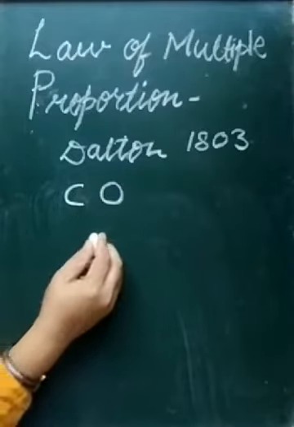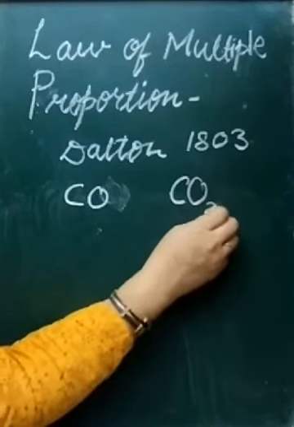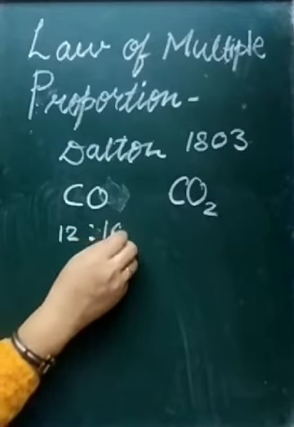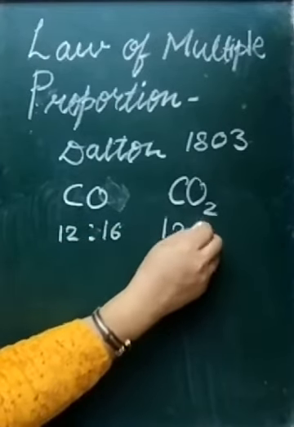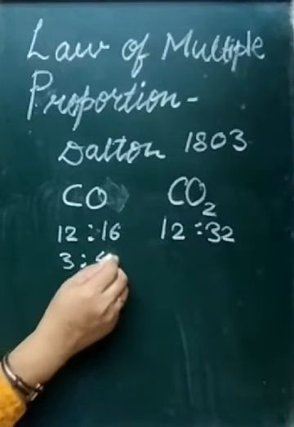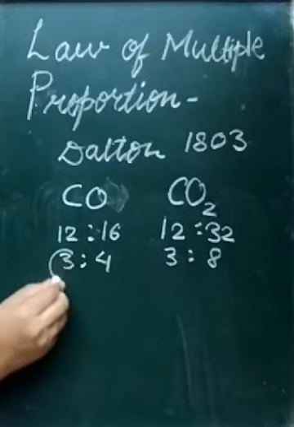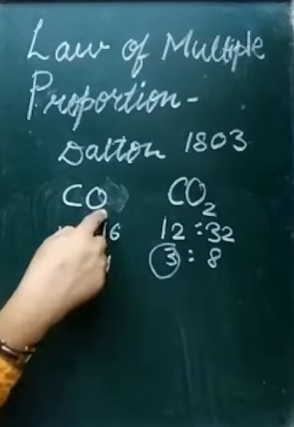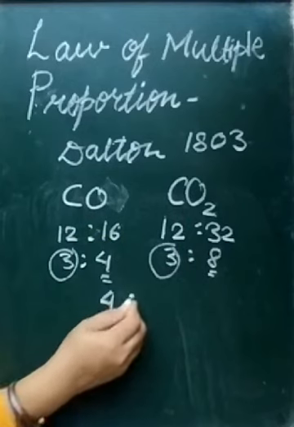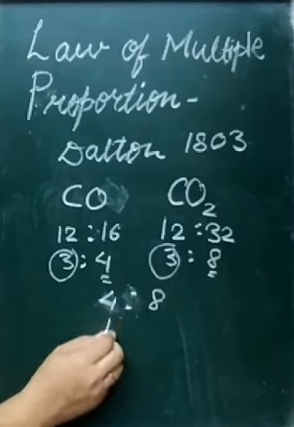Carbon monoxide and carbon dioxide. Carbon monoxide, 12 is to 16. Here, 12 is to 32. 4 3s are 12, 4 4s are 16, 4 3s are 12, 4 8s are 32. So a fixed mass of carbon is combining with different masses of oxygen. The ratio of 4 to 8 is 1 is to 2.